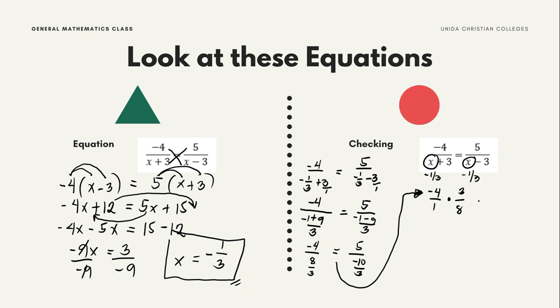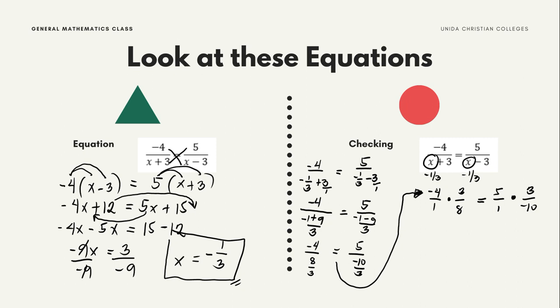Okay, yan yung sa left side. Right side naman, we have 5 as our numerator. We can write 1 as our denominator. And then multiply to the reciprocal of the denominator. Since that is negative 10 over 3, it will become 3 over negative 10. And then proceed to multiplication. So, how can we multiply fraction?